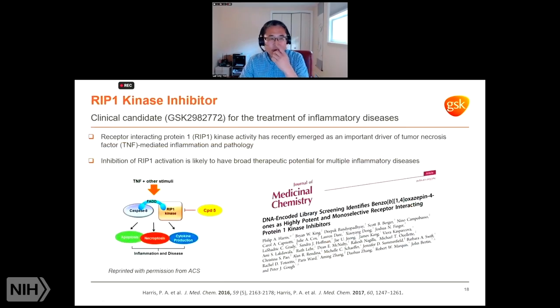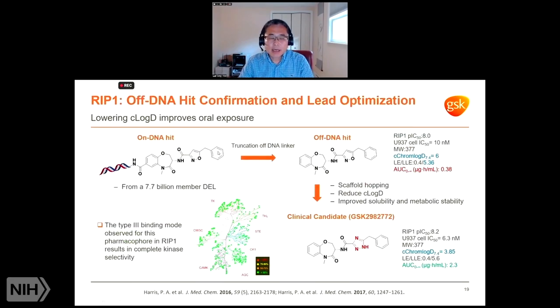So my third example is discovery of a clinical candidate RIP1 kinase inhibitor for the treatment of inflammation disease. In this case, an on-DNA compound with oxazoline was identified from a 7.7 billion member DEL.